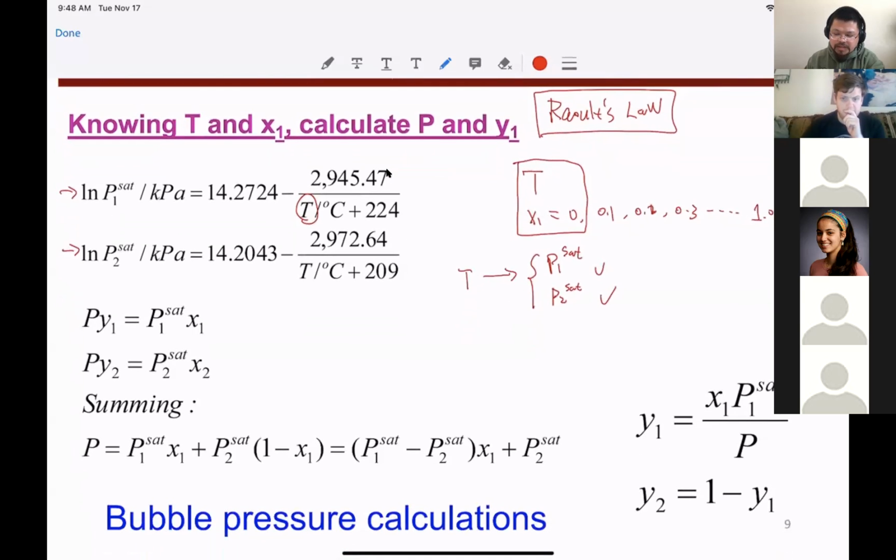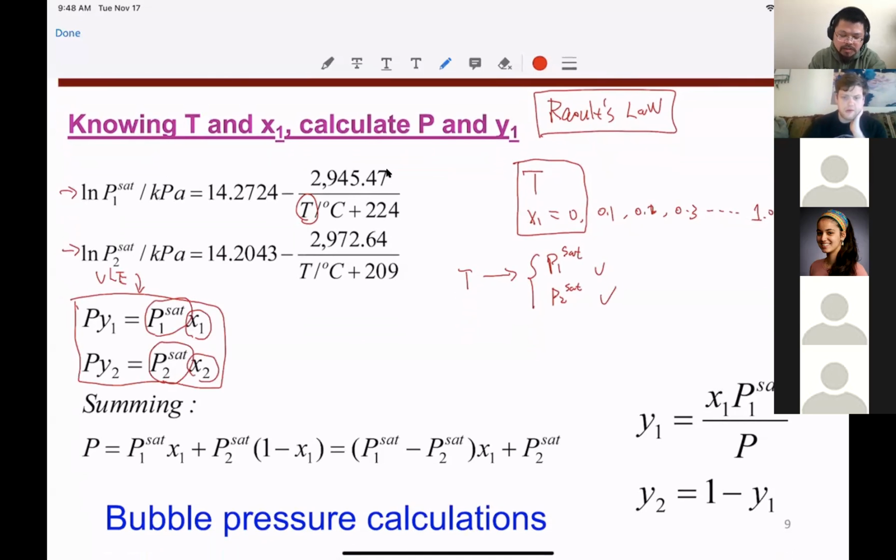And if I know X1 and X2, then from the general VLE equation in the simplified form, I know X1, I know X2, P1 sat, and P2 sat.